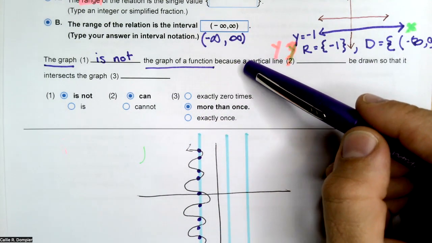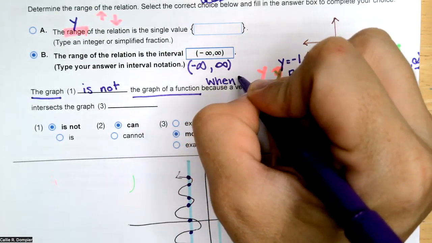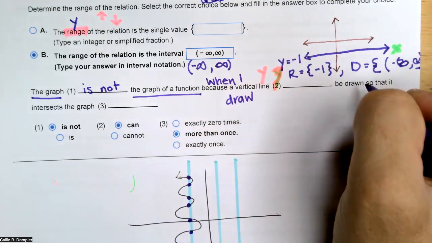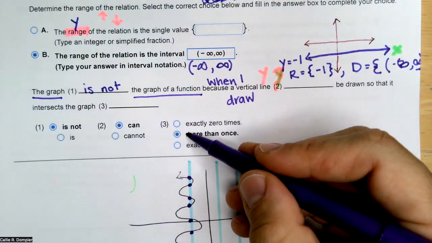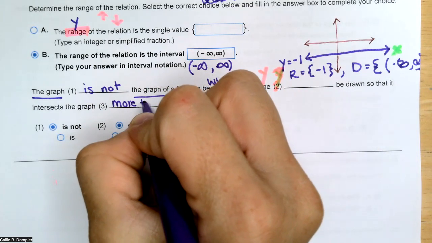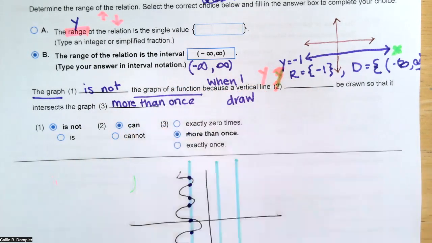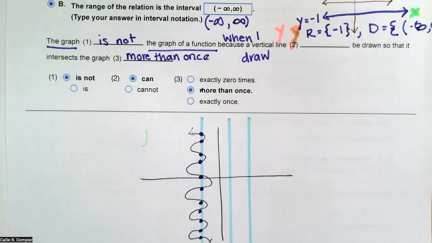Because when I draw a vertical line, it intersects the graph. When I do it, it intersects the graph more than once. Right? Not exactly one time and not 0 times, right?